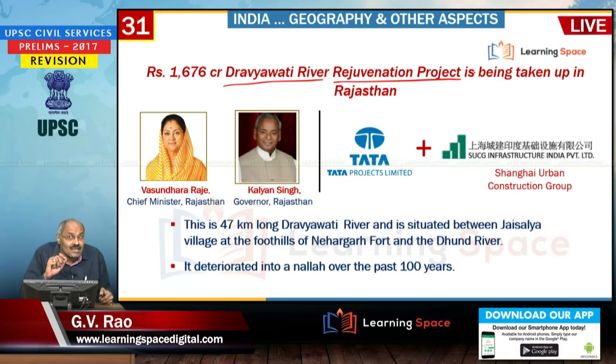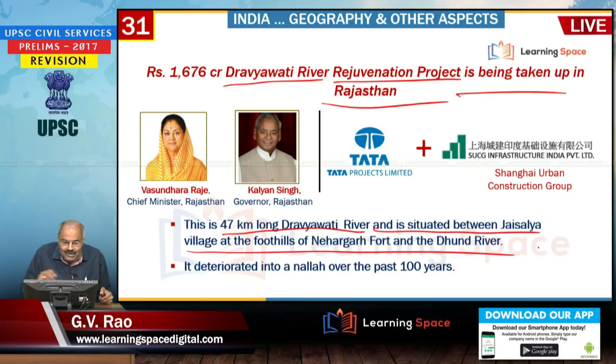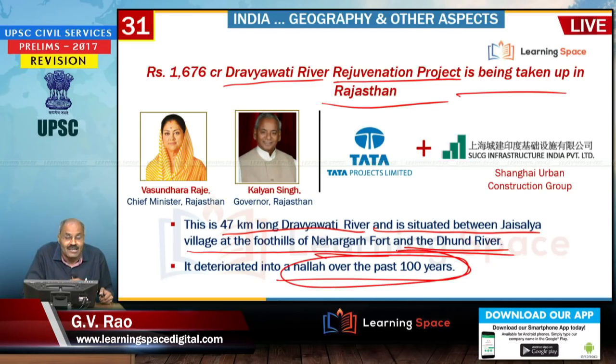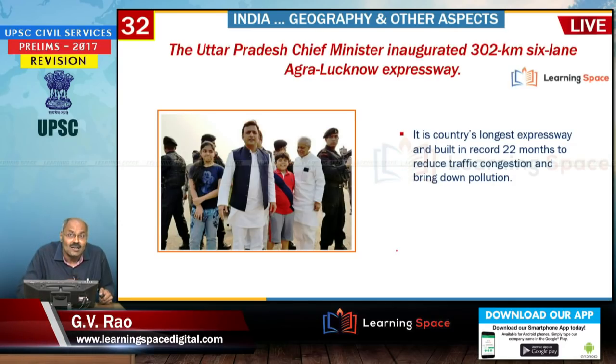This Dravyavati river rejuvenation project is being taken up by Rajasthan, and this is 47 km long Dravyavati river situated between Jaisalya village in the foothills of Nahargarh fort and Dhund river. Right? It deteriorated into a nalla over the past 100 years. Now Rajasthan government is rejuvenating, or you can say taken up the rejuvenation project of this Dravyavati river project. When someone says Dravyavati river project, that pertains to Rajasthan, do not forget.